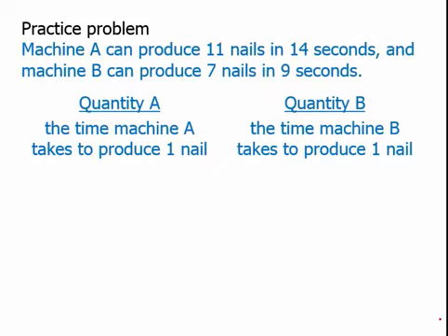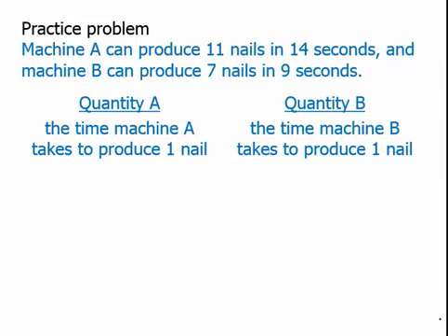Here's another practice problem. Pause the video and then we'll talk about this. Okay. So machine A can produce 11 nails in 14 seconds. And so each single nail is produced in 14 elevenths of a second.